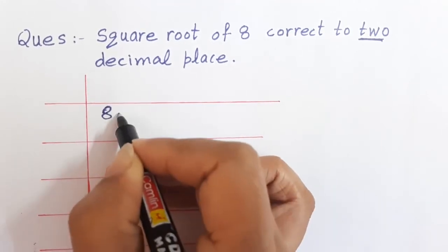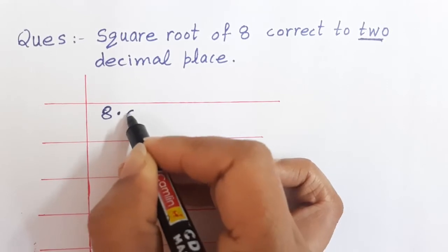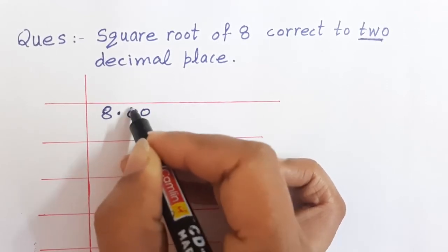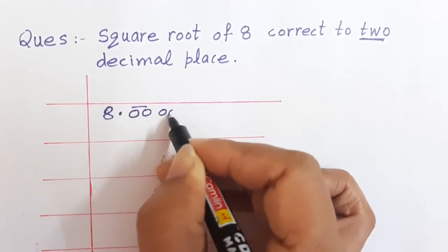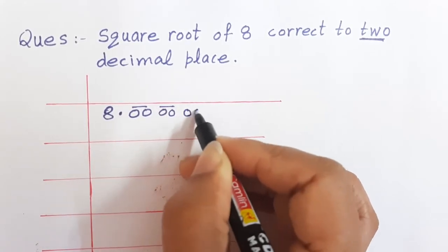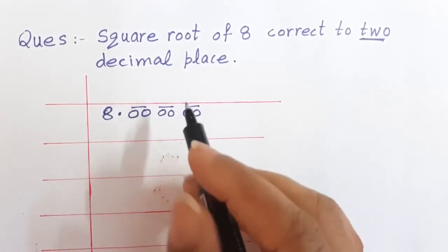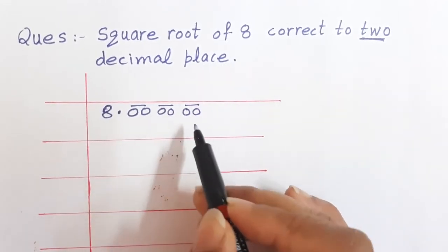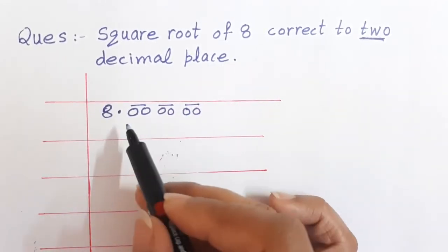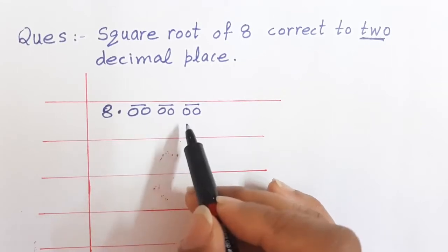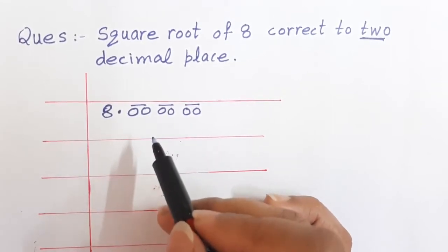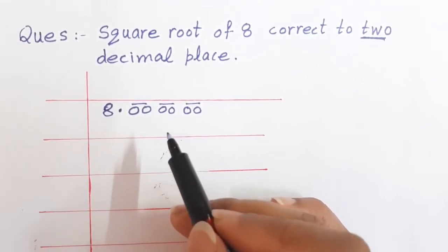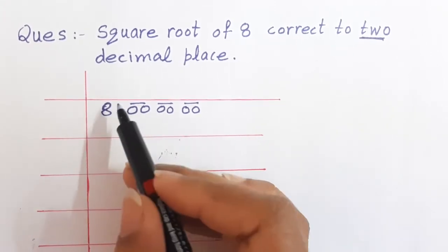We can put a decimal sign here and then I can take any number of zeros in pairs, as many as I need. Since I am supposed to find till 3 decimal places, so I have taken 3 pairs of 0. The value does not change. 8 will remain 8 as it is. Right? So let us start with this.